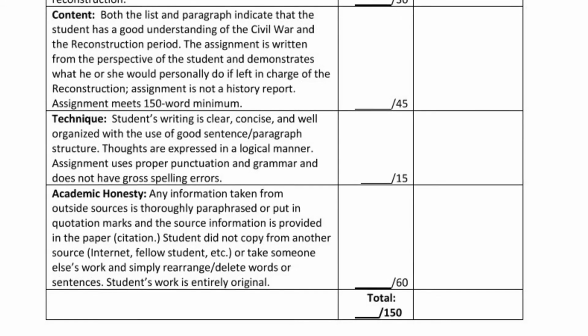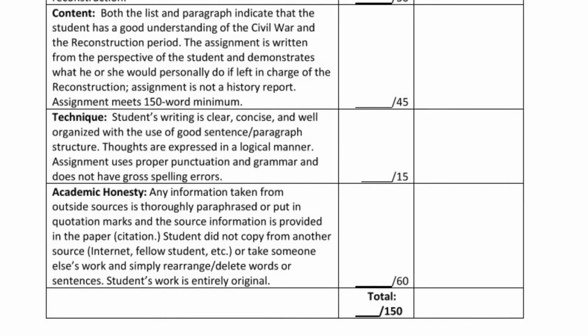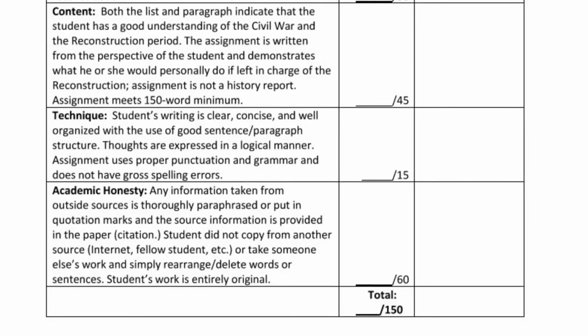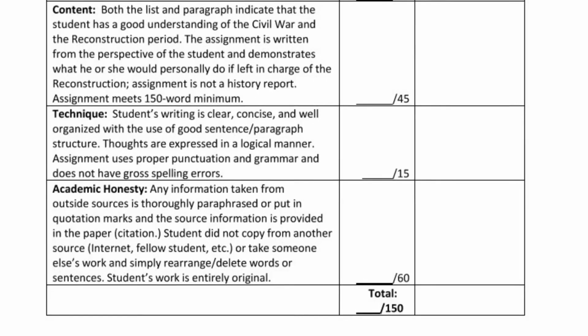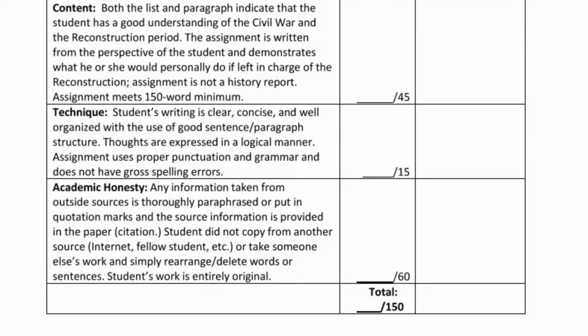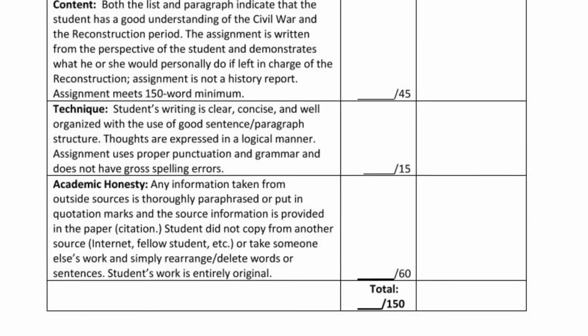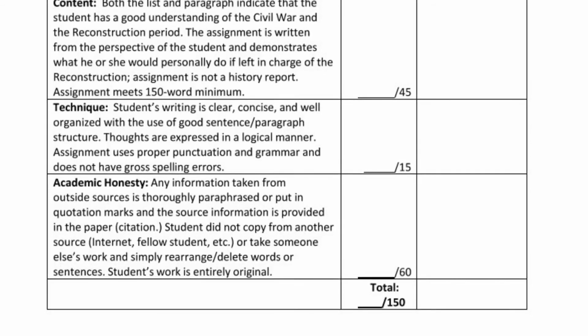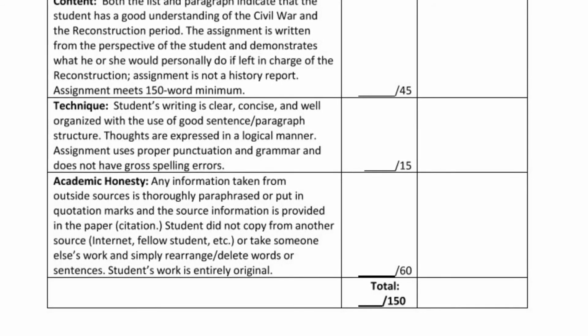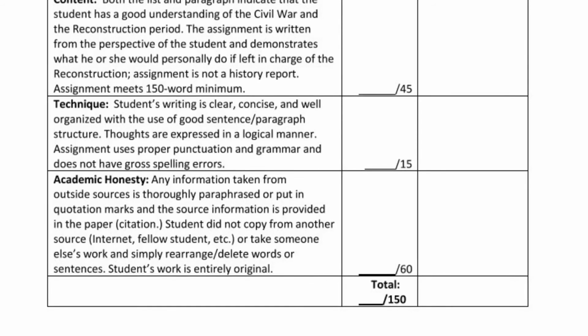The student did not copy from another source, internet, fellow student, etc., or take someone else's work and simply rearrange, delete the words or sentences. The student's work is entirely original, and this assignment counts for 150 points.